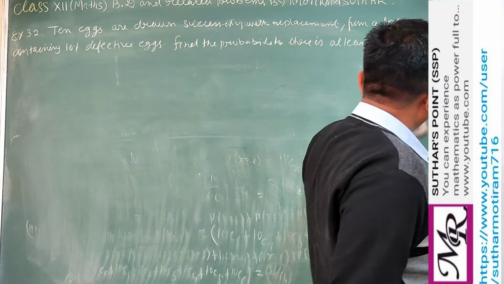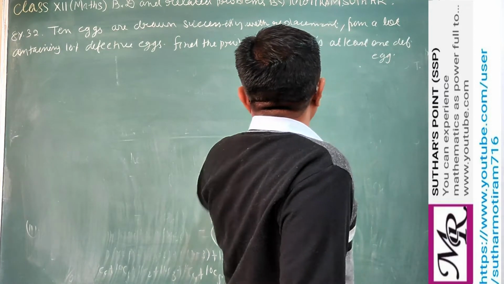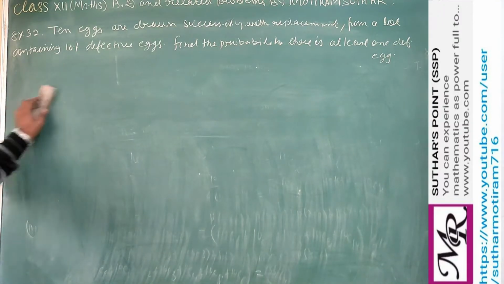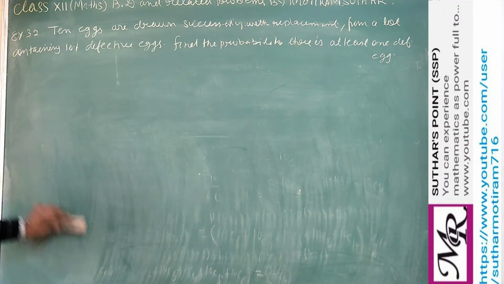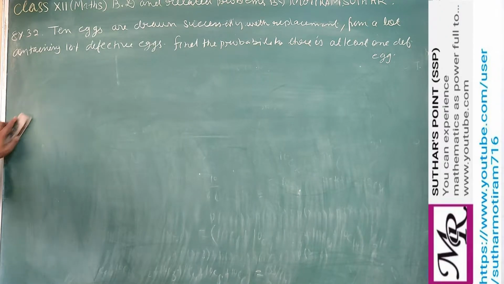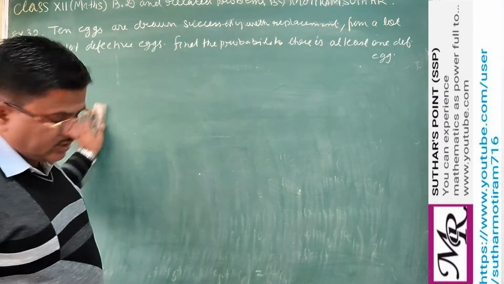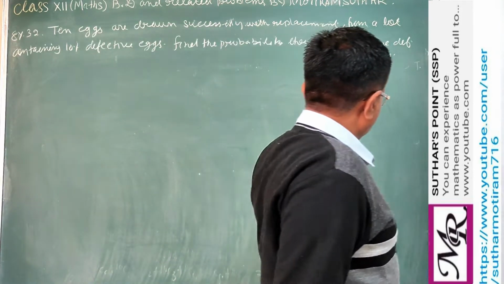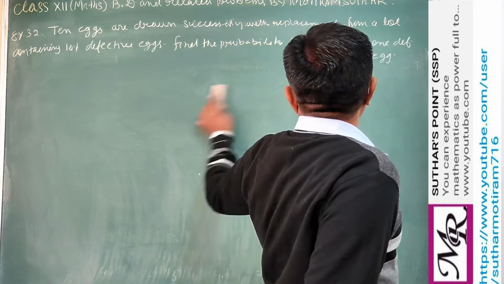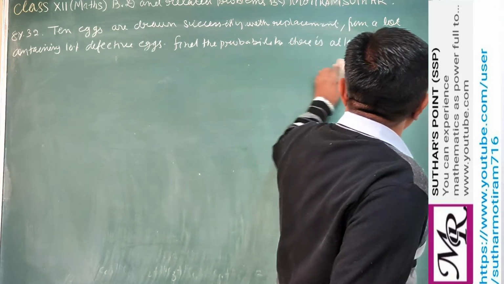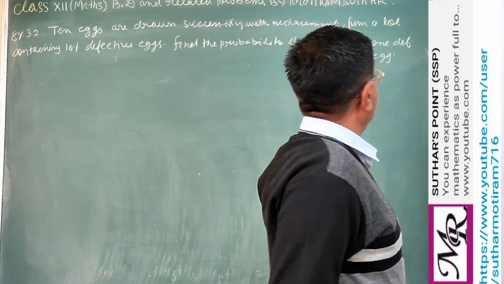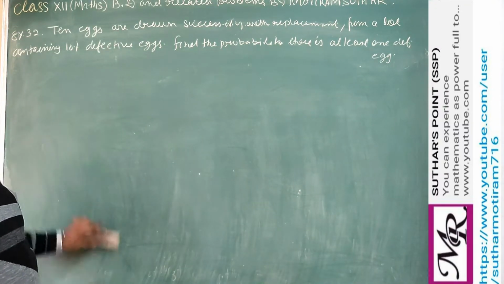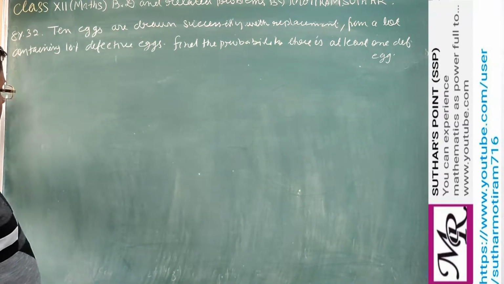So here we are drawing how many eggs? 10. A lot is there in which 10% are defective. So you may write that x is the number of defective eggs. We take x because we want to find what? The probability that there is at least one defective. So our aim is to know the defective count x. That is our random variable. Clear?